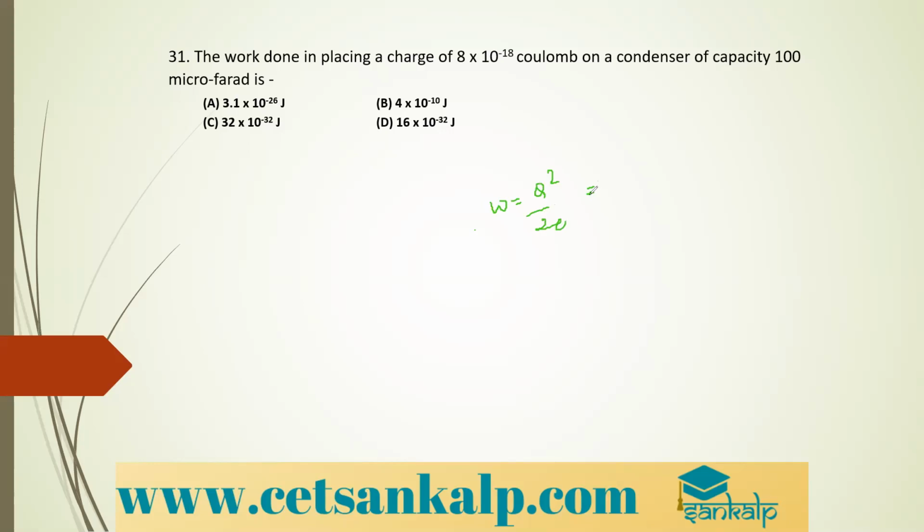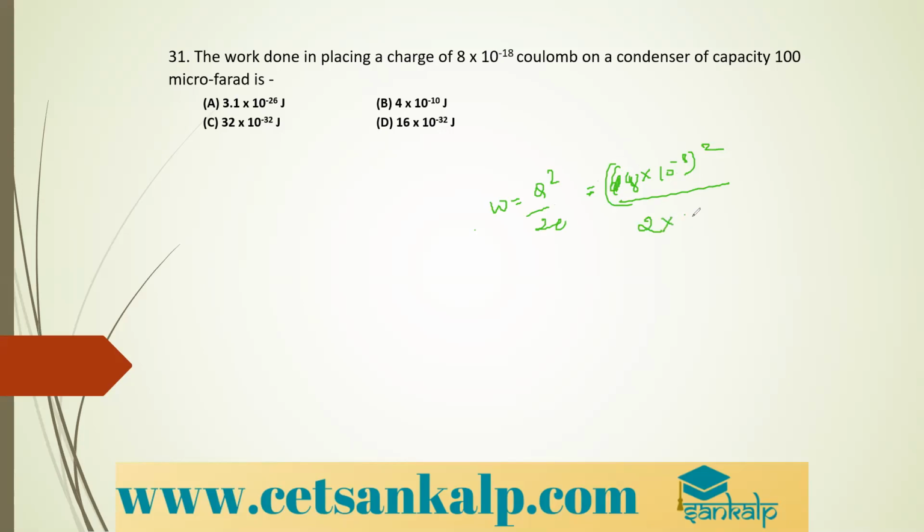The Q value they have given is 8 into 10 raised to minus 8. If you square it, 8 square is 64. So (8 into 10 raised to minus 8) square divided by 2 into C value.